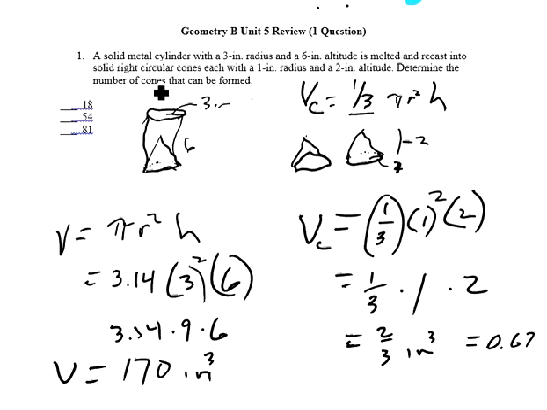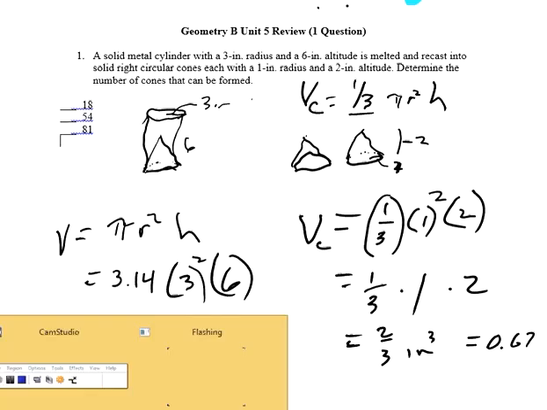So now I could do 170 divided by 0.67, or I could just say if 2/3 is 1, then how many can I make in 170?